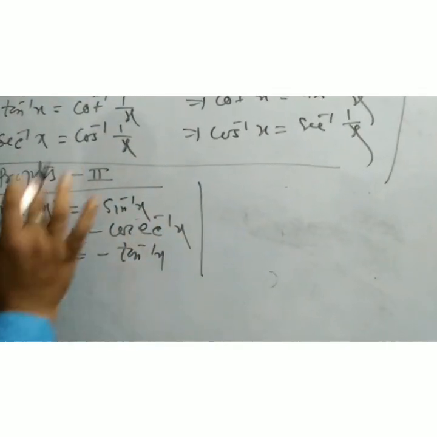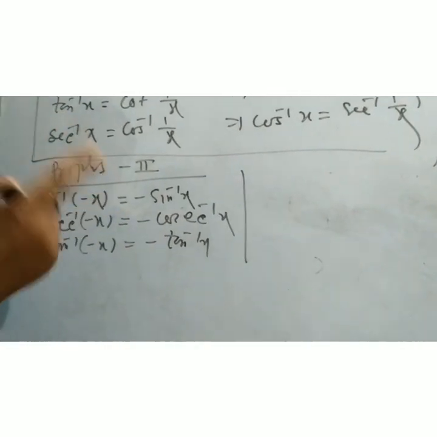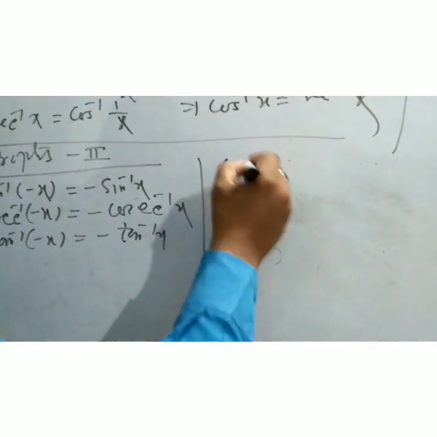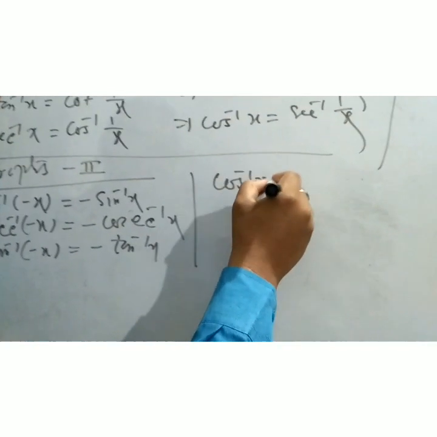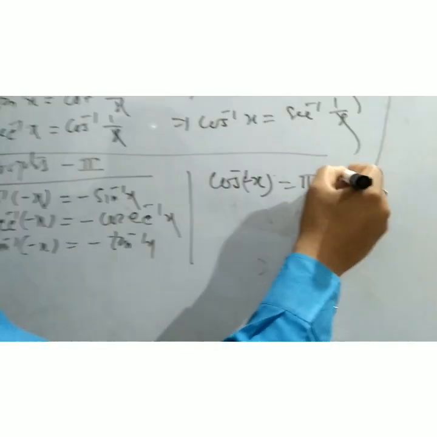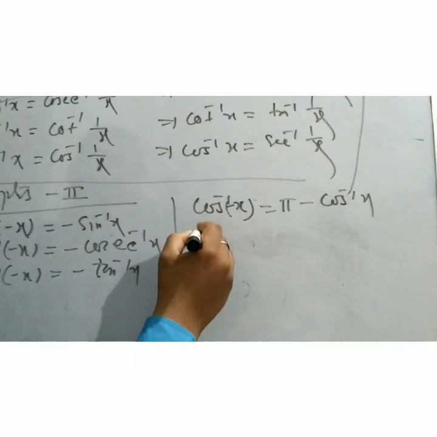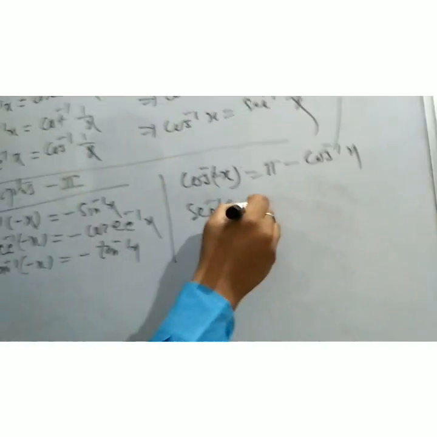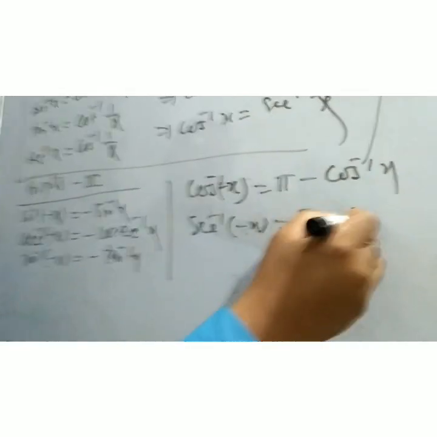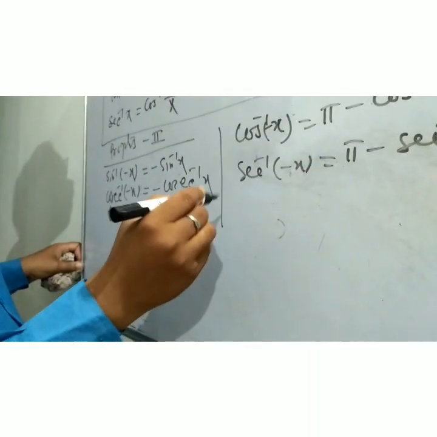But in case of the other three, that is cos, sec, cot: cos inverse of minus x is equal to pi minus cos inverse x, and sec inverse of minus x is equal to pi minus sec inverse x.